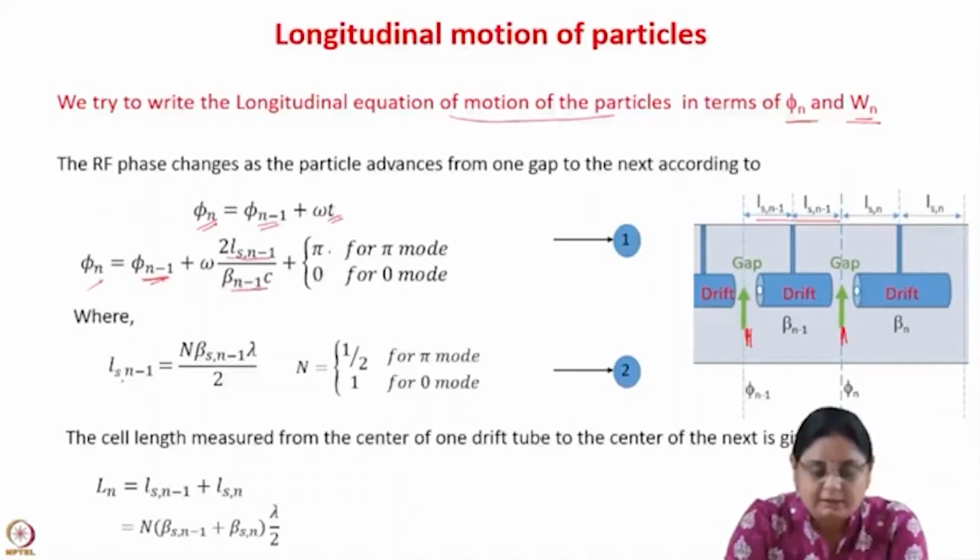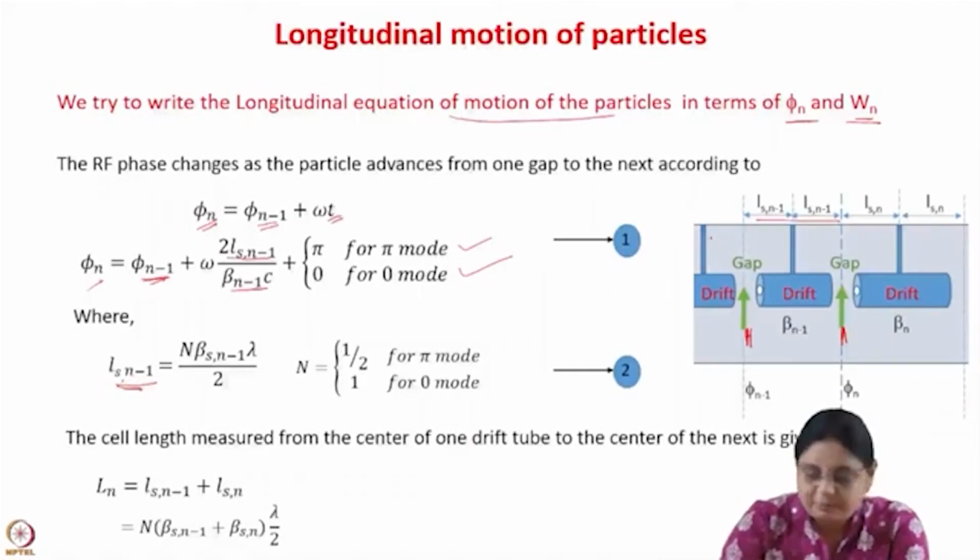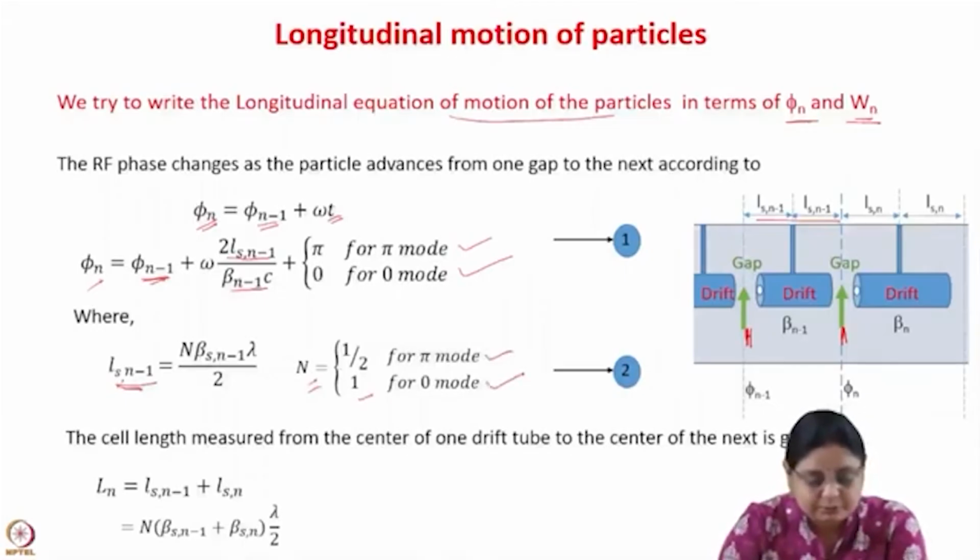And we can add a factor of pi or 0 depending on whether it's a pi mode or a 0 mode. Now we define the cell length. We have already defined this. The ls n minus 1 is equal to n beta s n minus 1 lambda by 2, where n is equal to half for pi mode and 1 for 0 mode.